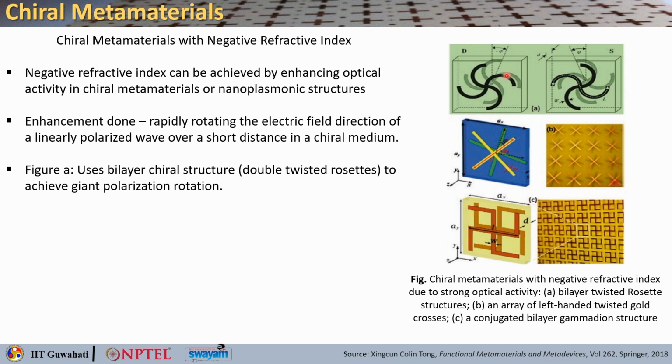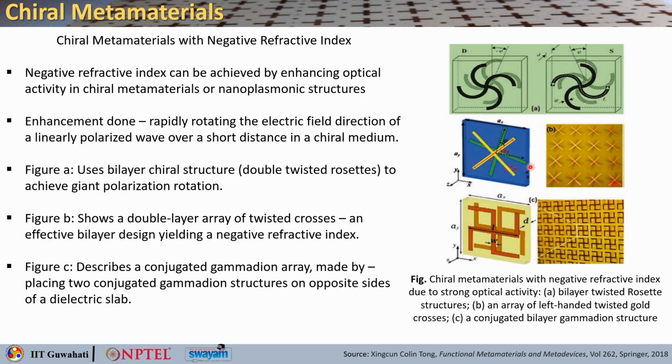In figure A, you can see this is a bilayer chiral structure, which is a twisted double rosettes kind of structure that can be used to achieve giant polarization rotation. Figure B basically shows a double layer array of twisted crosses, okay, and this is the structure. So, this can also give a negative refractive index from an effective bilayer design.